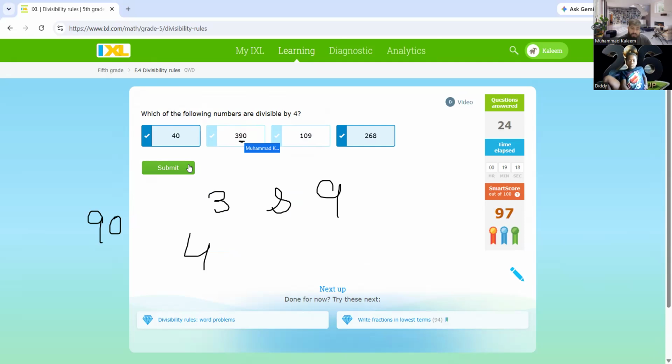Is 90 divisible by 4? No. There is no short way; you have to do the division a little bit. But if we have a very big number, it will be easy to test this way, instead of doing the long division. So you just test by dividing the last two digits by 4. Are the last two digits divisible by 4?